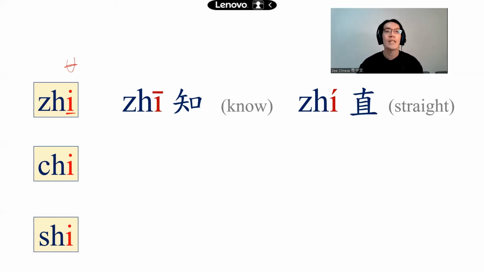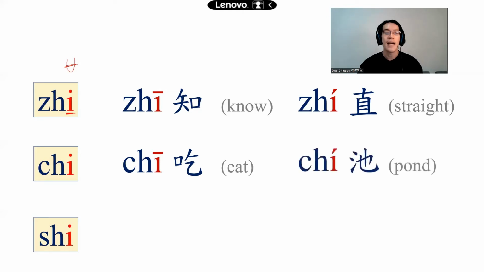And the next one is 吃. The first example, 吃 means to eat. And then the next one, 吃 means pound.